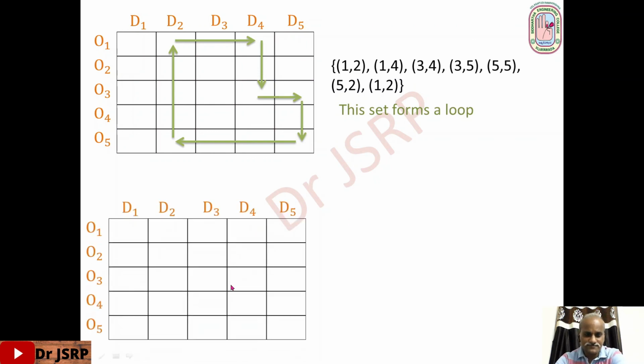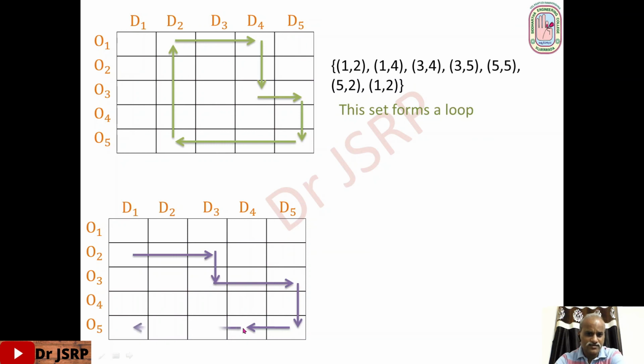Consider another example here. I start from the 2, 1 cell, move to the 2, 3 cell. From here, move to the 3, 3 cell. From here, move to the 3, 5 cell. From here, move to the 5, 5 cell. From here, move to the 5, 4 cell.